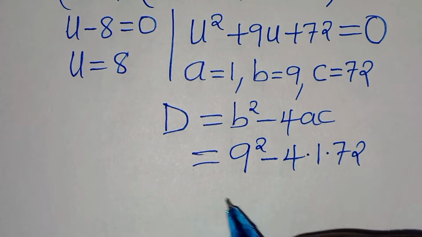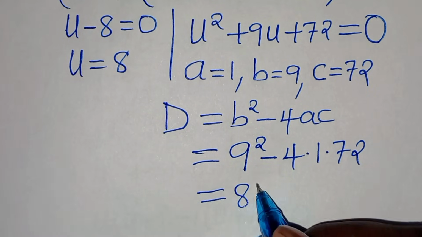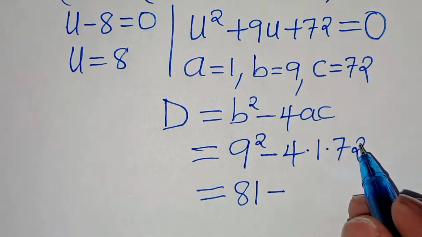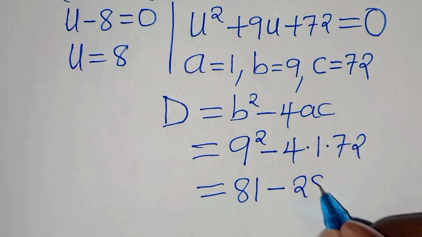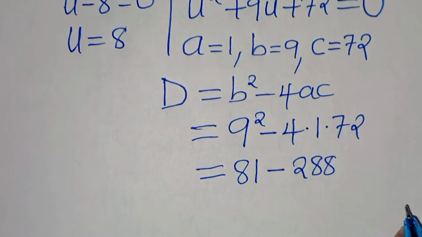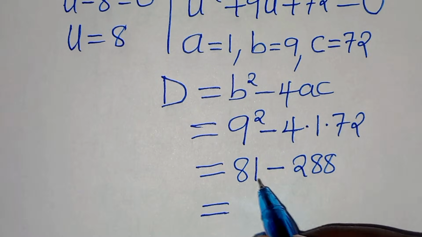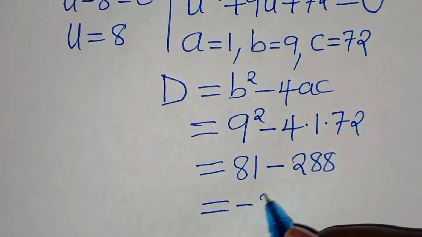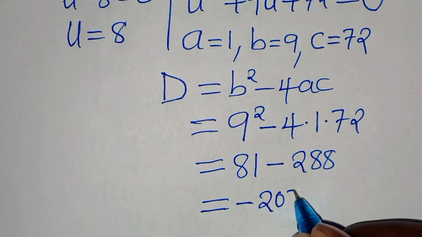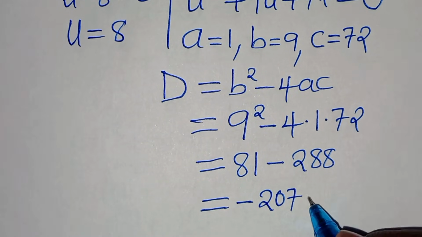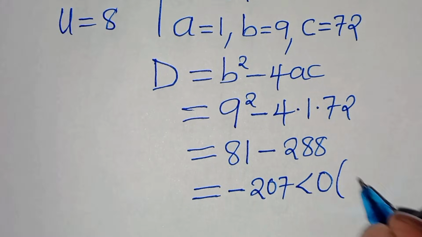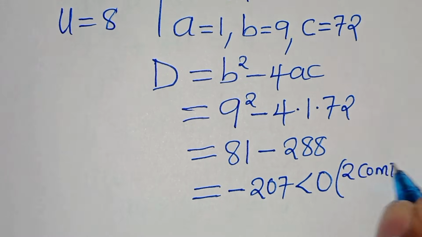And this means that we have 9 squared, this is 81, minus 4 times 72, this is 288. So 81 minus 288, this is minus 207, and this is less than 0, which implies that we have two complex roots.